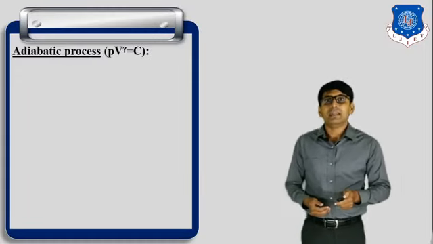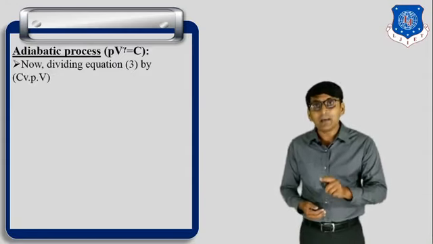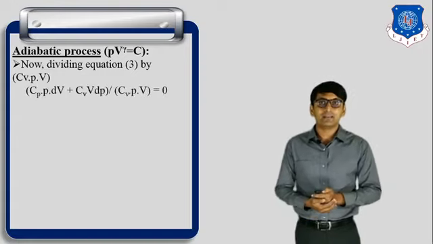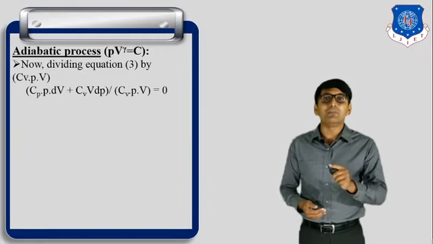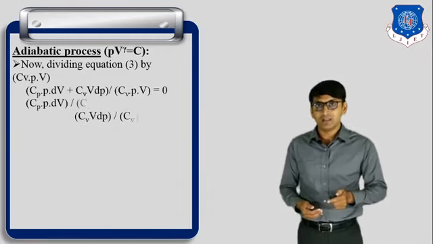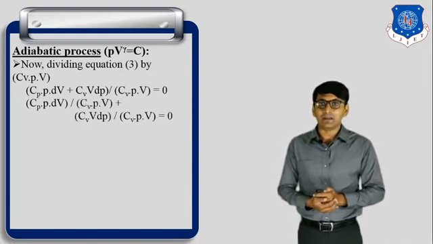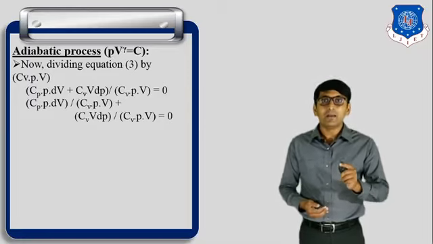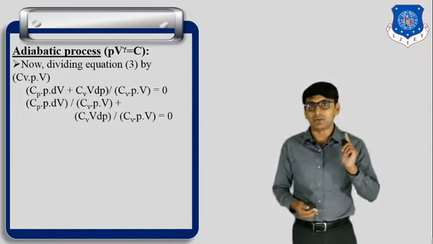Now the fourth step: divide equation number 3 by Cv into PV. If we separate out, we get Cp P into dV divided by Cv PV plus Cv V into dP divided by Cv PV is equal to 0.